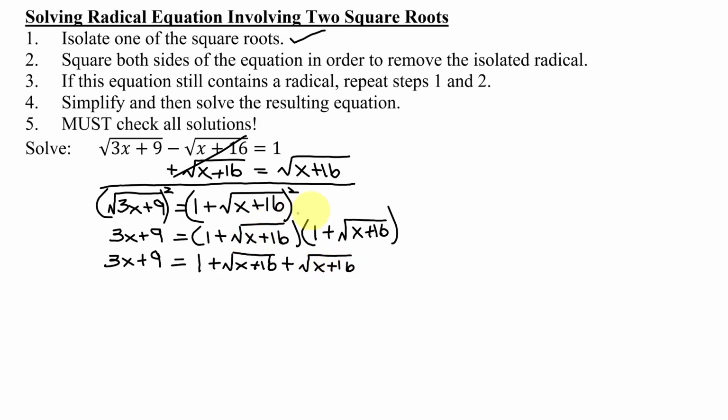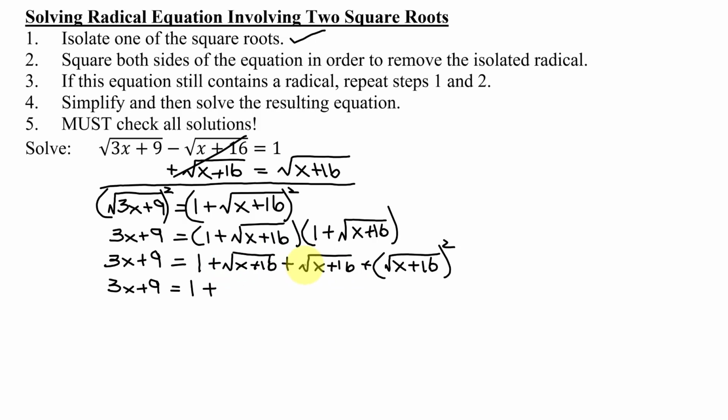And last, multiplying the square root of x plus 16 times the square root of x plus 16, I get the square root of x plus 16 all squared. So this gives 3x plus 9 equals 1 plus, middle two terms, they're like terms, the radicals are identical.